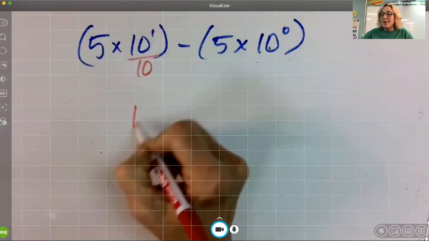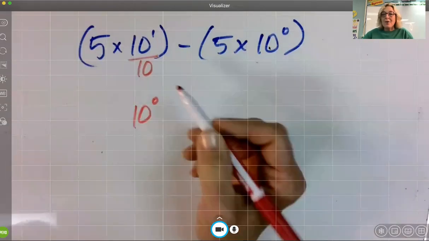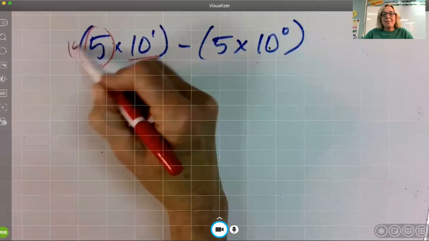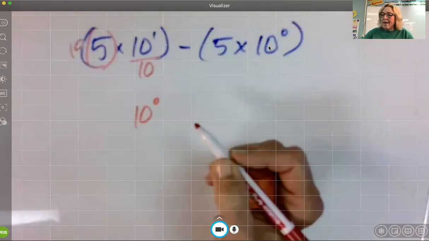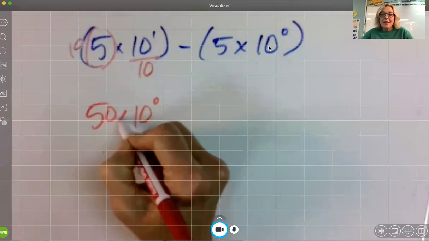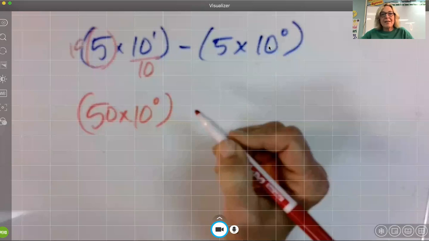And what we've just learned is that if we're going to do that and keep the product the same, that means we would have to multiply the other factor by the same power of 10. So now we have 50 times 10 to the 0, which is still equal to 50, which is the same as 5 times 10 to the first.